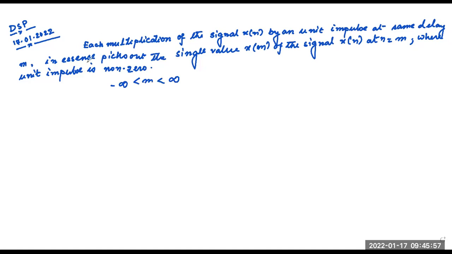Example: x of n into delta n plus 2, that is x of minus 2. Likewise, x of n into delta n plus 1, that is equal to x of minus 1.